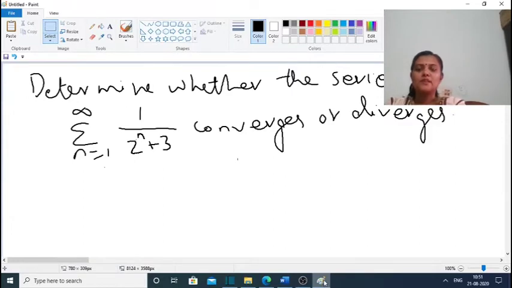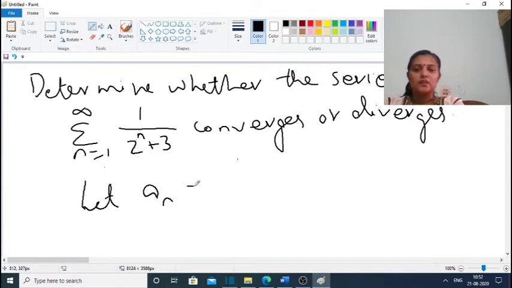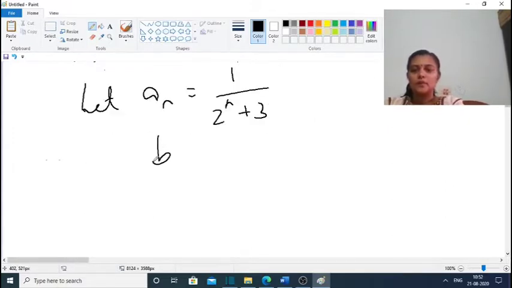Next problem: determine whether the series sigma n equal to 1 to infinity, 1 by 2 raised to n plus 3, converges or diverges. Let an be equal to 1 by 2 raised to n plus 3 and bn equal to 1 by 2 raised to n.